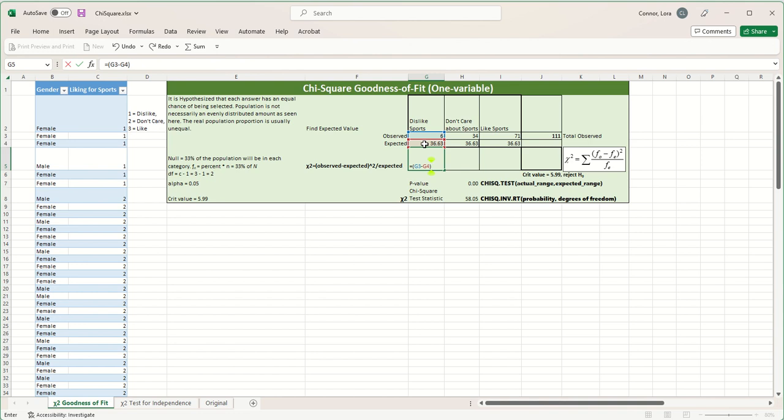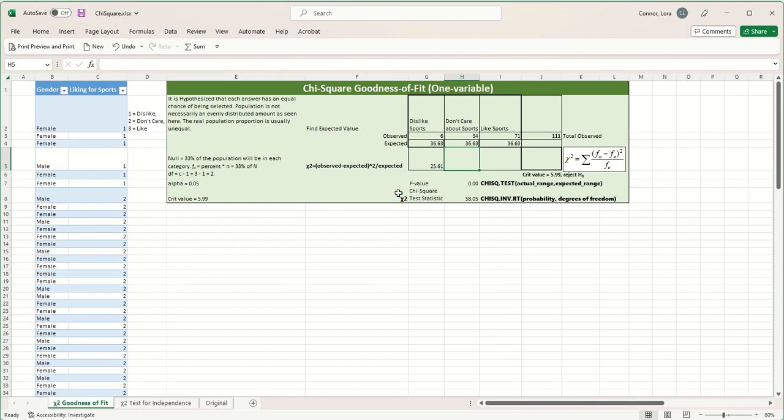So Shift 6 and then 2, because we have to square it. Now we're going to divide by the expected. That's exactly what that formula is that you see here. Now hit enter.